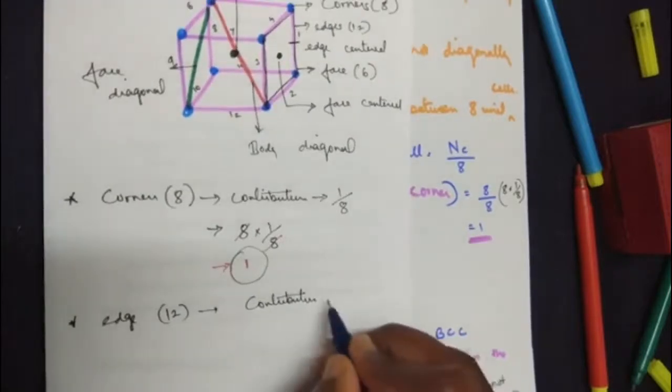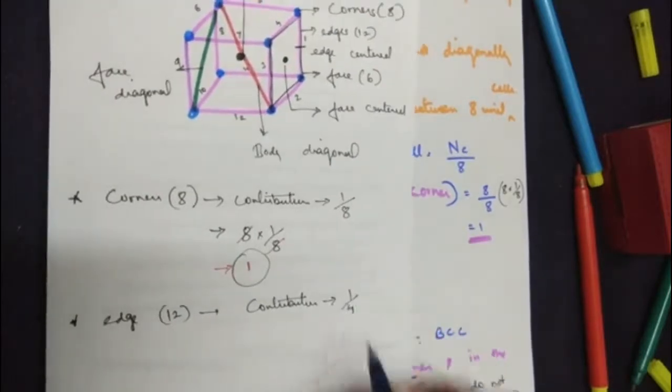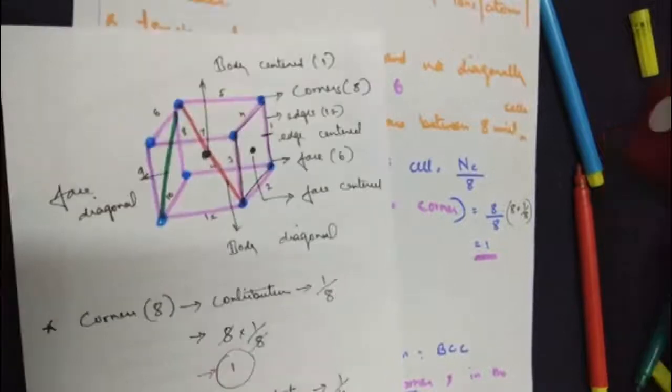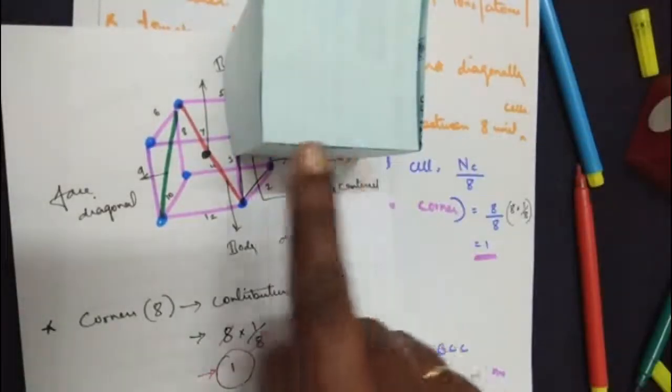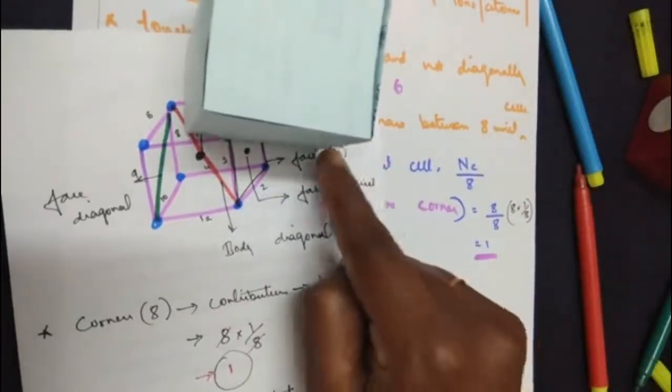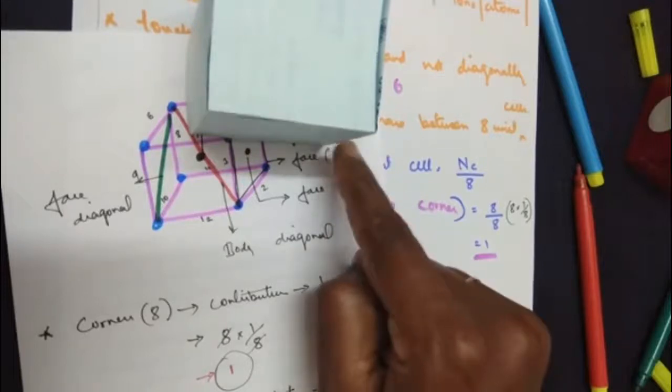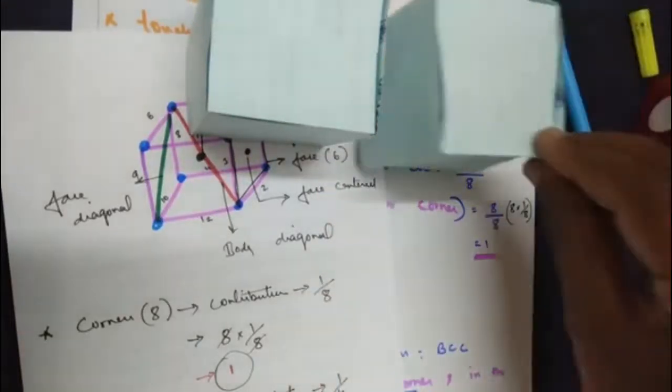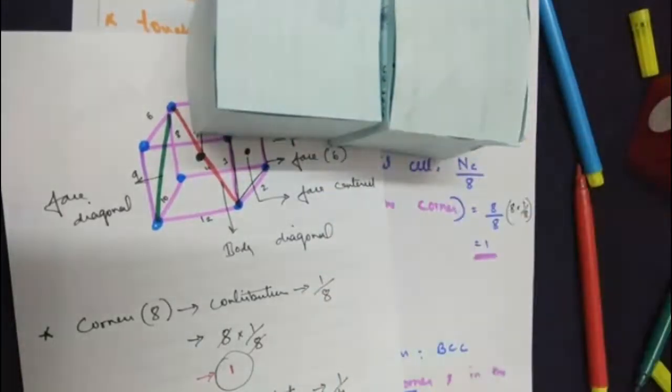Contribution by the edges is equal to 1 by 4. Now if you watch the shape here, this is the edge I'm talking about. To bring it into a whole, it's shared with one more unit cell.